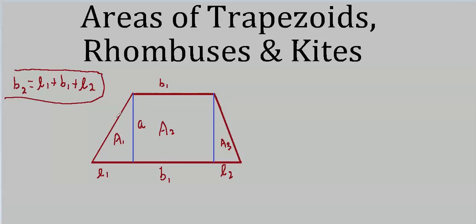Well, that breaks it up into three areas. We've got A1, A2, and A3. This area is the area of a right triangle with altitude A and leg L1. This, of course, is another right triangle with altitude A and leg L2. So we can write those areas out real quick. For our right triangles, they're pretty simple.